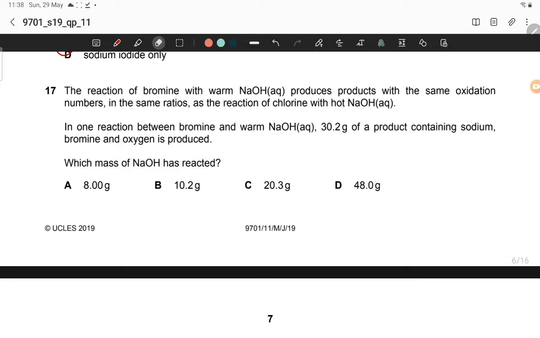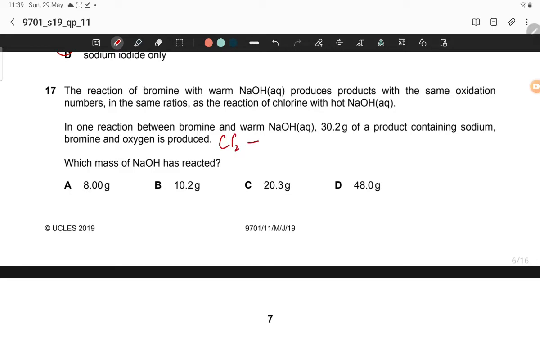Question number 17. The reaction of bromine with hot sodium hydroxide produces products with the same oxidation numbers in the same ratio as the reaction of chlorine with sodium hydroxide.